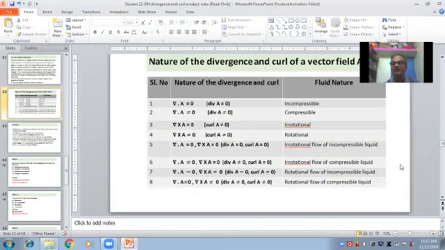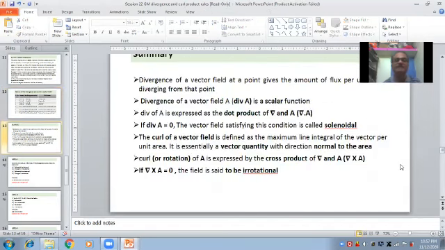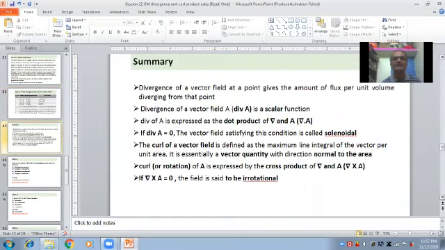Next, I'll go to the next slide. So the summary of this session is that the divergence of a vector field at a point gives the amount of flux per unit volume diverging from that point. And the divergence of a vector field is a scalar function.